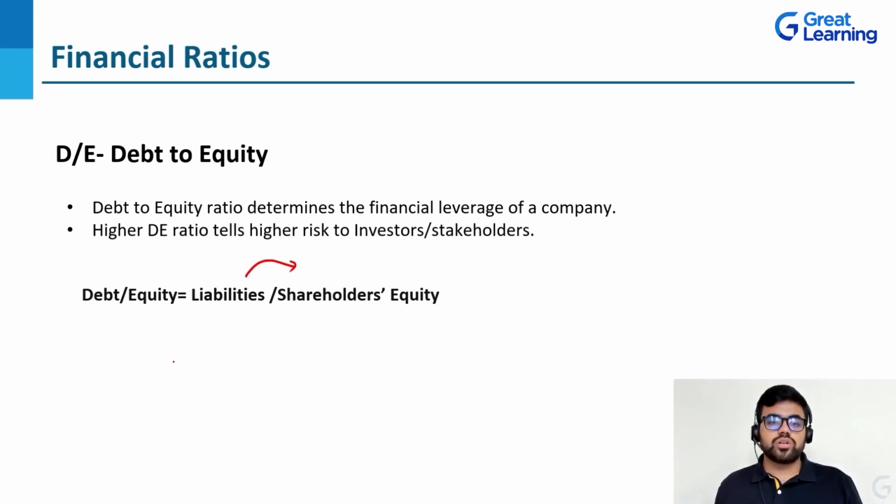On dividing, you will get the debt to equity ratio. If the debt to equity ratio is too high, it means that the company is in financial trouble, as it is not making enough revenue even to run its operations. So this can be a big risk factor if you are willing to invest in a company with a high debt to equity ratio.